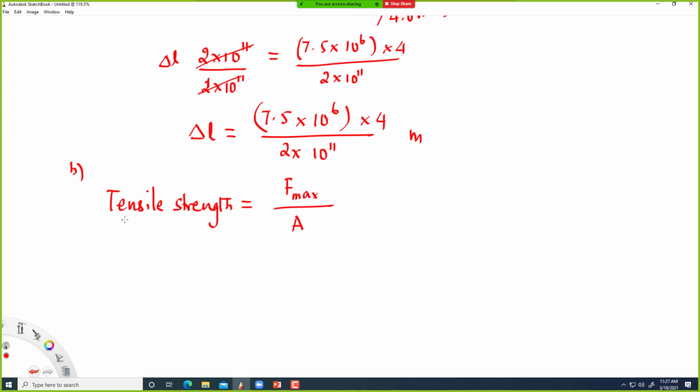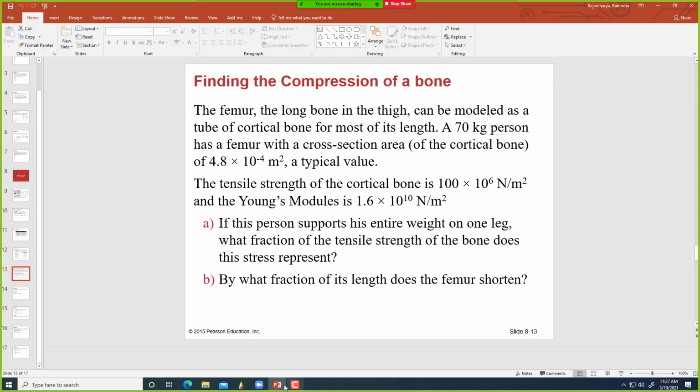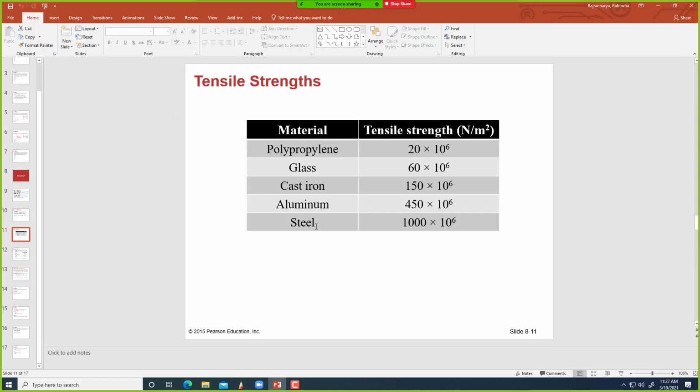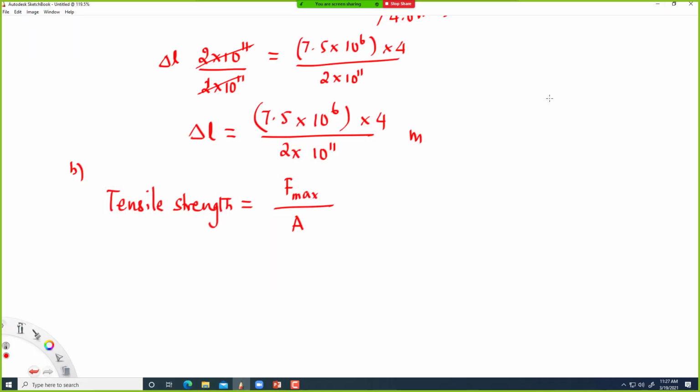Now this one, tensile strength, you need to find from the textbook. I think I have that on my PowerPoint. So the tensile strength of steel is 1000 times 10 to the 6 Newton per meter squared.